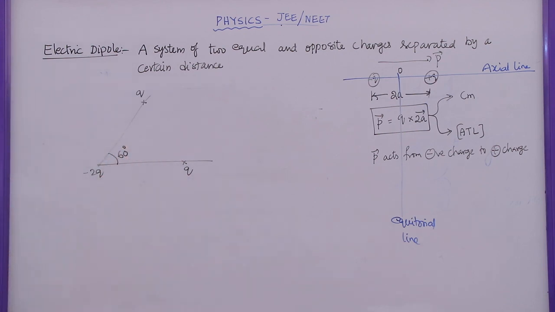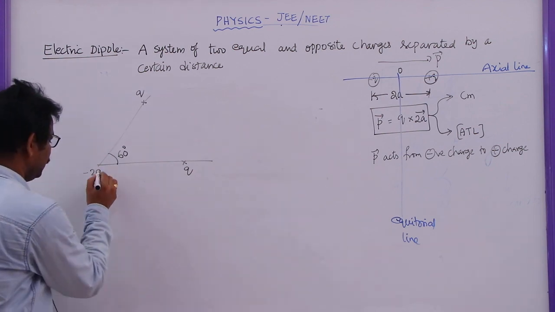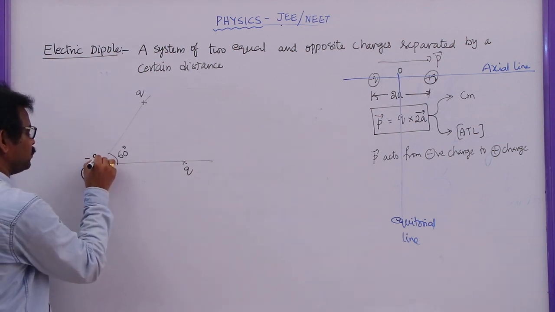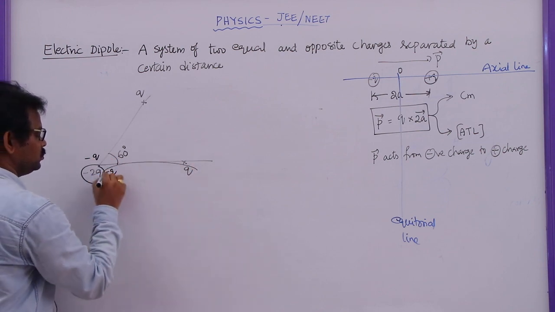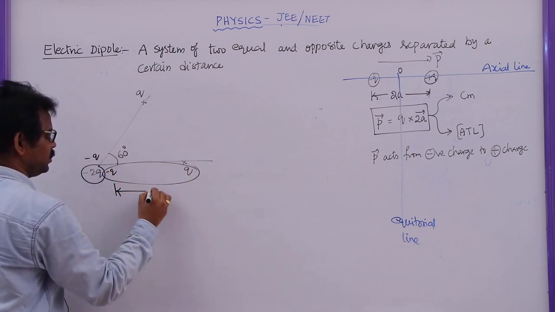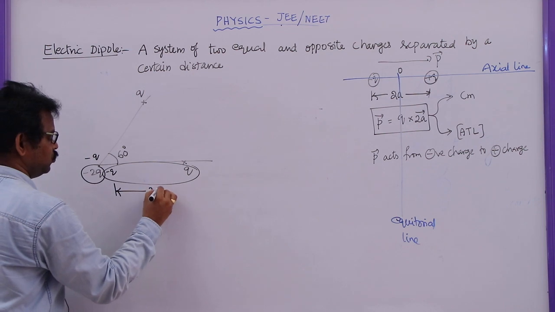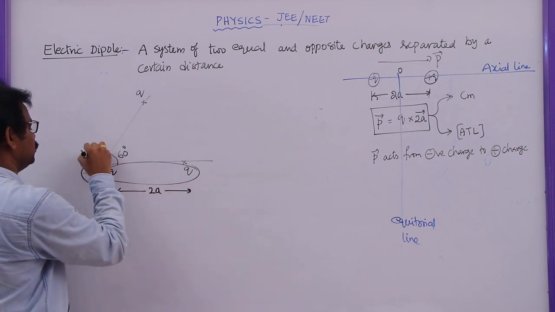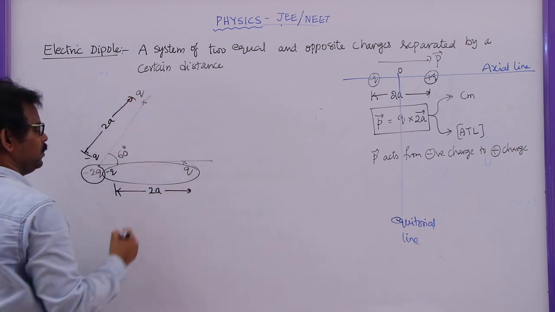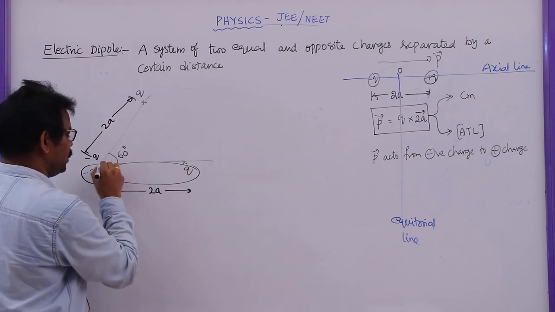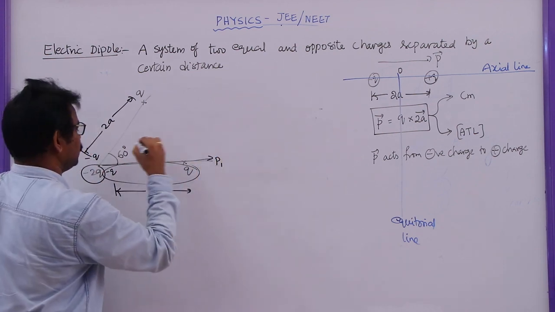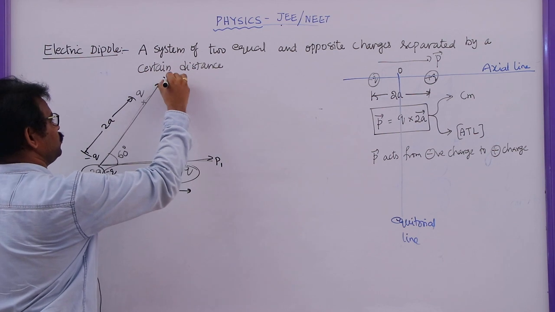Now what is the net dipole moment of this system? To find the net dipole, once again, this minus 2q, let me write as minus q and minus q. This is one dipole. The distance here is, let us say, 2a, and this is also 2a. This is the first dipole moment, P1, and let me take this as P2.